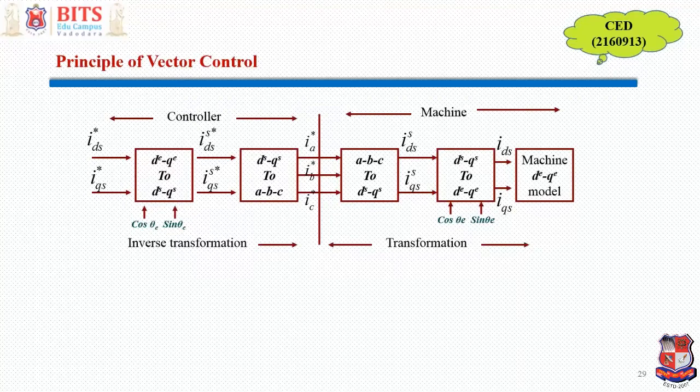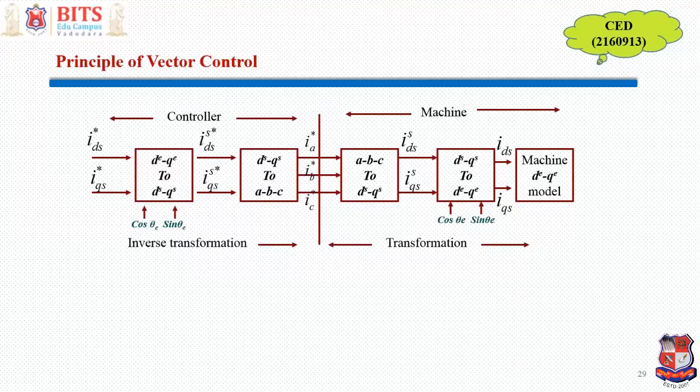And we mathematically do all the necessary transformations such that the D component is the component along which the flux is directed, aligned, and the Q component is perpendicular to it, and it is affecting the torque, right? So in this way, you can have flux and torque controlling components 90° to each other, orthogonal to each other, and they can be changed separately without affecting the other.